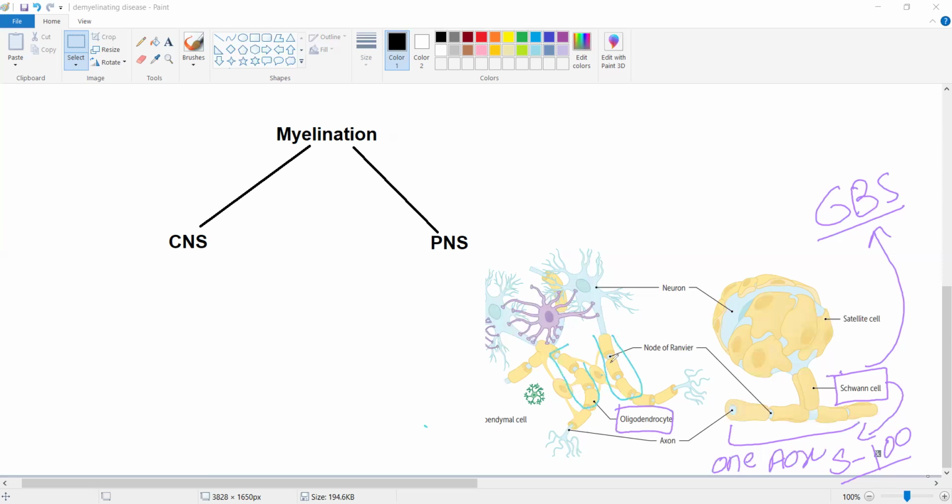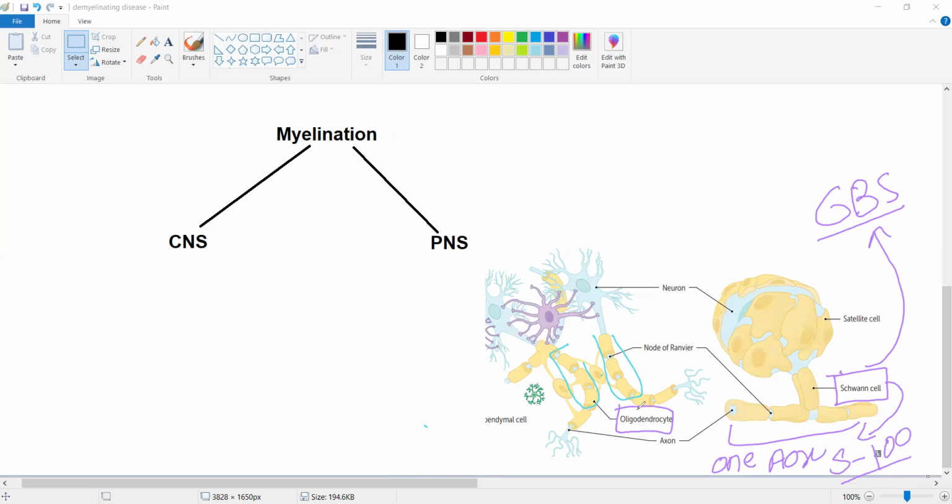So an oligodendrocyte myelinates many axons, up to 30, and it is derived from neuroectoderm, right? So Schwann cells are for the peripheral nervous system and oligodendrocytes for the central nervous system.